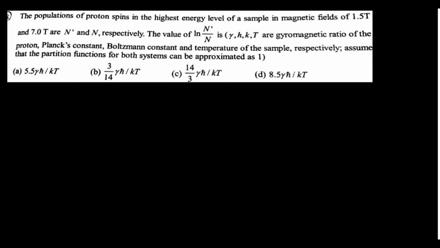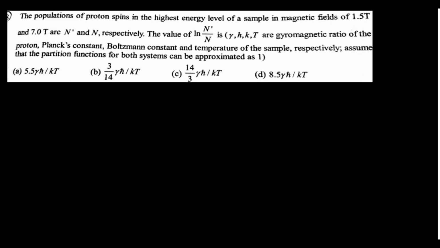First of all, how can we solve it in 30 seconds? You see, one magnetic field is 1.5 and another magnetic field is 7.0. In the Boltzmann distribution law, all other things are constant. The only varied things are these two, 7.0 and 1.5.